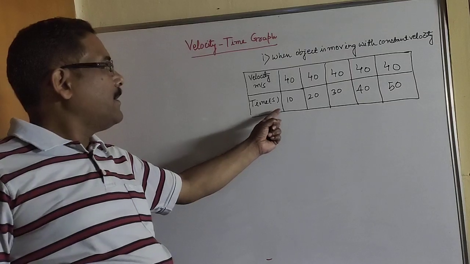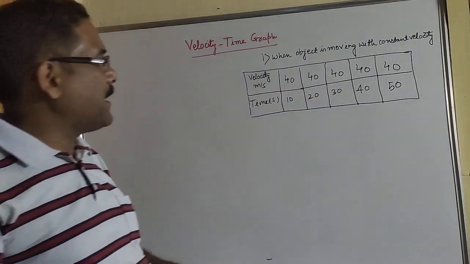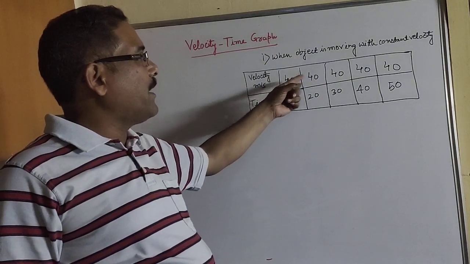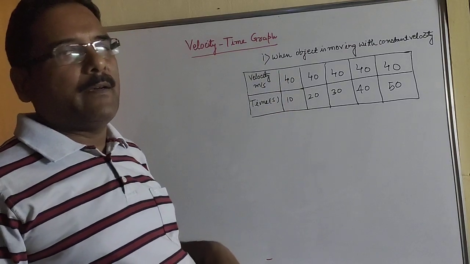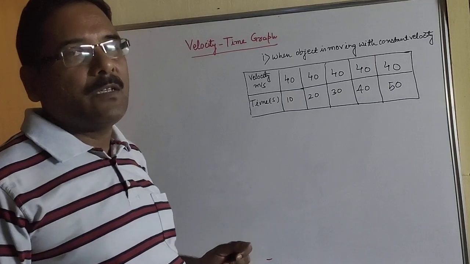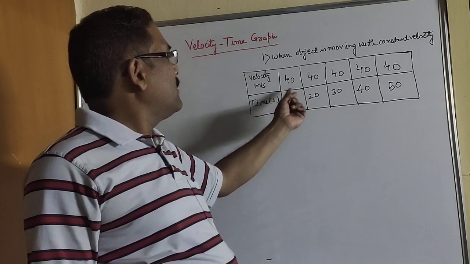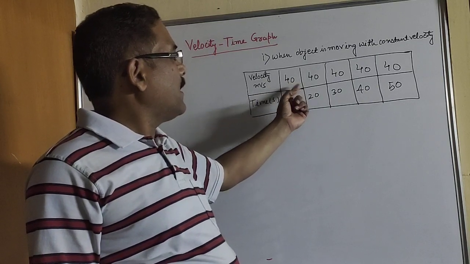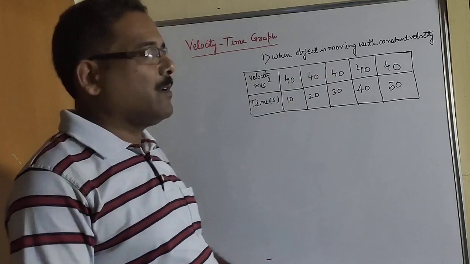Time in second: 10 second, 20 second, 30 second, 40 second and 50 second, and the object is moving with a velocity of 40 meter per second. So what do you conclude from this data? Is velocity changing with time? No, velocity is not changing, because in the first 10 second the velocity is 40 meter per second. After 20 seconds, same velocity. After 30 seconds, same velocity.